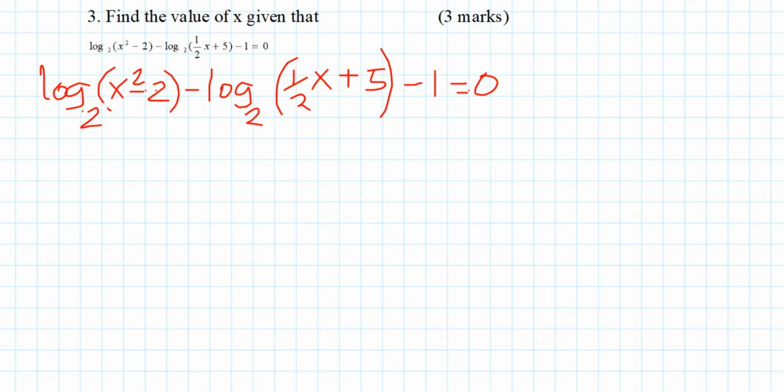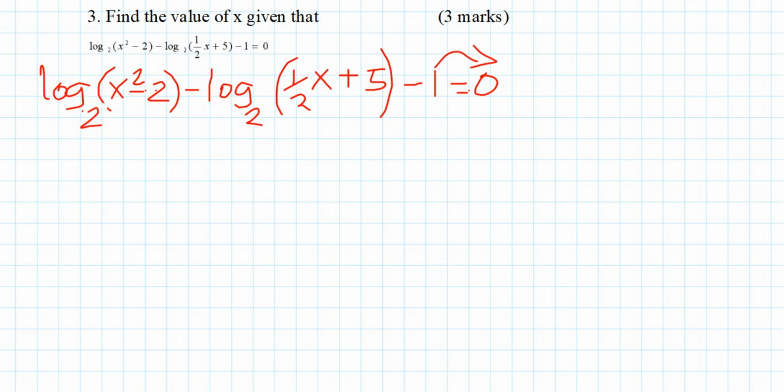So in our third question, we have been told to find the value of x given that the log to the base 2 of (x squared minus 2), we take away the log to the base 2 of (a half x plus 5), and then we take away a constant 1 is equal to 0. So now here, the first step that we're going to do is we take the 1 onto the other side.